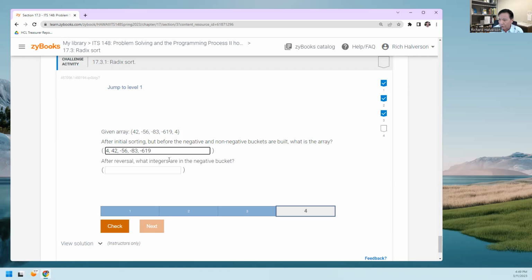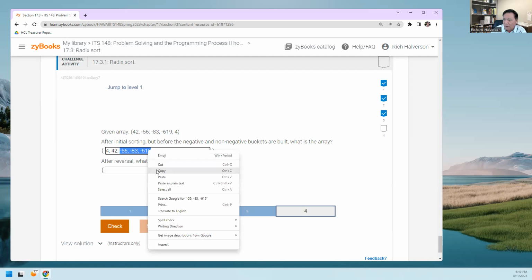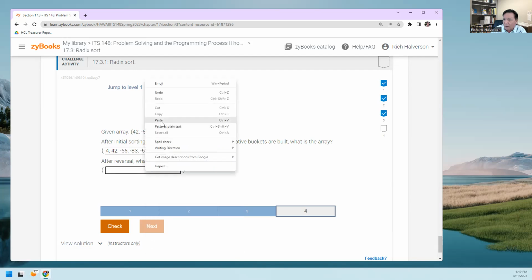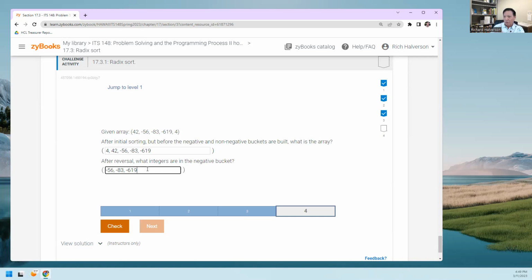And then after the reversal, what integers are in the negative bucket? The negative bucket is going to contain these 3, because those are the only negative numbers, but they'll be reversed. We start out by putting these in, but that's not the answer because we have to reverse them, which makes sense because we have to put them in the right order.